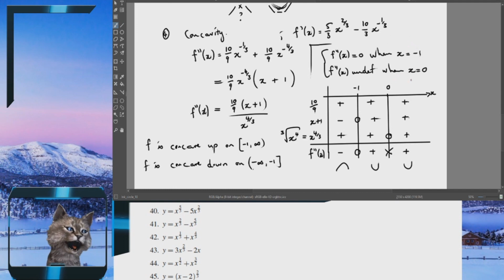They're both points. They're contenders because they came out of my check here. But the concavity has to change as I pass over these zeros. It does for -1. It doesn't for 0. So only this guy is an inflection point. They're equally important in my table, but an inflection point is only one where the concavity changes.